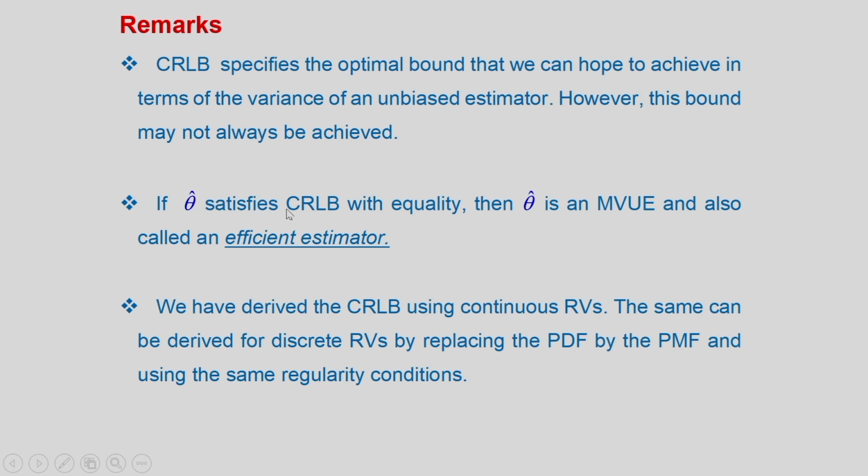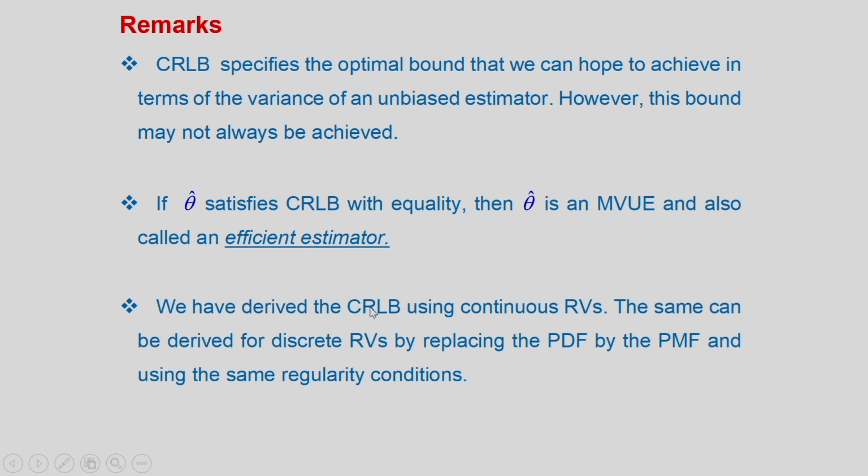If theta hat satisfies CRLB, suppose we have an estimator which reaches CRLB, then theta hat is an MVUE, because its variance will be minimum. We cannot have variance lower than that. So, theta hat in that case is an MVUE and also called an efficient estimator, that we have defined earlier.